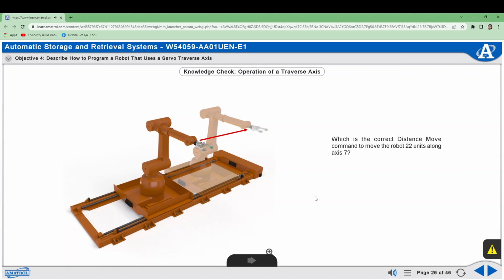A traverse axis is usually driven by which component? The robot controller recognizes the traverse axis as what?